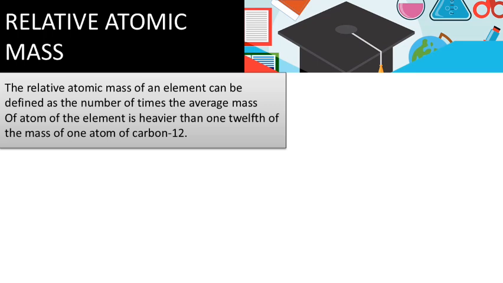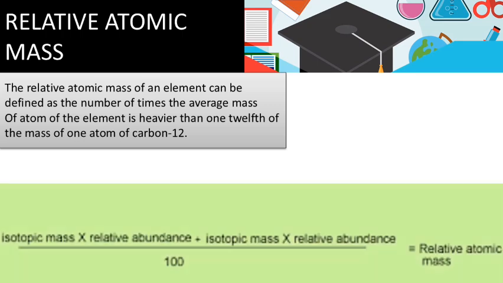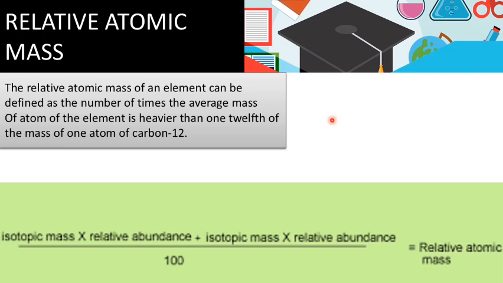So what all this is about is something we call isotopes of elements. Isotopes are elements with the same atomic number but different mass numbers. Now let's look at this. This is the formula to calculate the relative atomic mass of elements. Now how do we arrive at it?